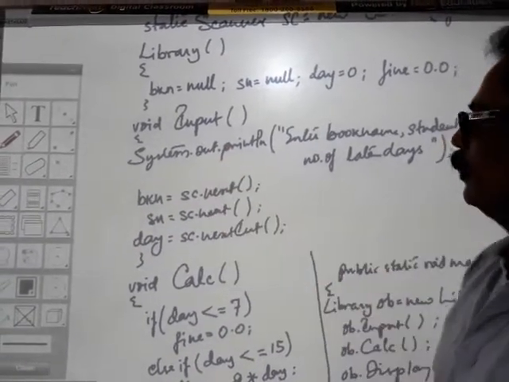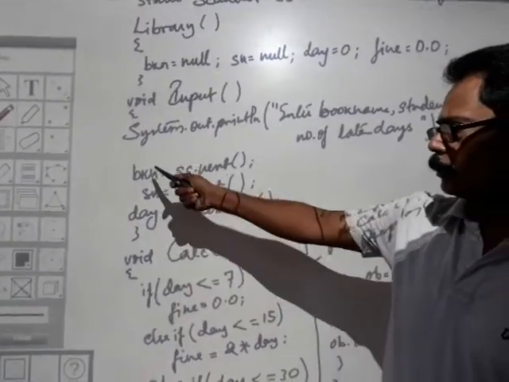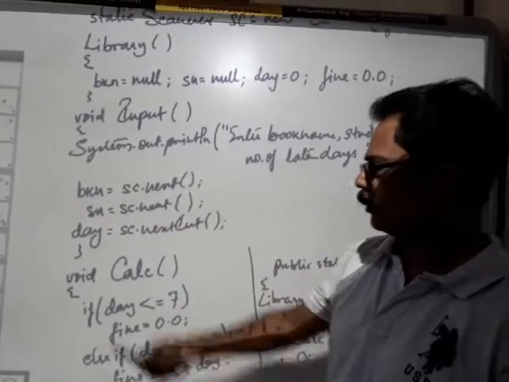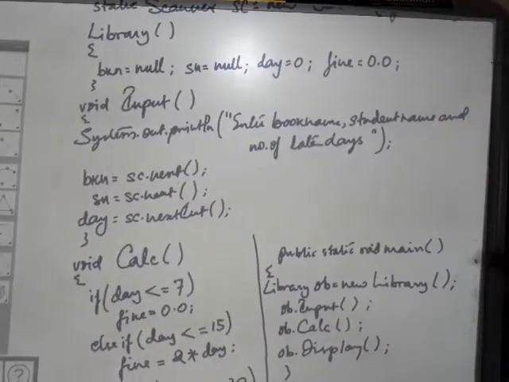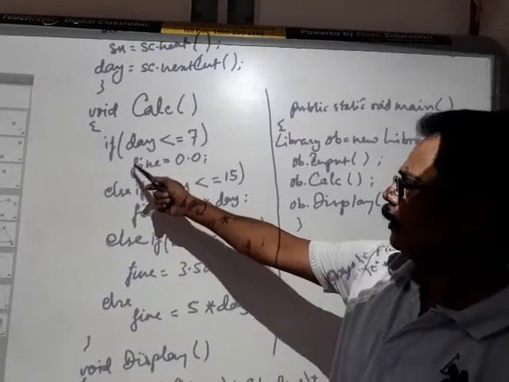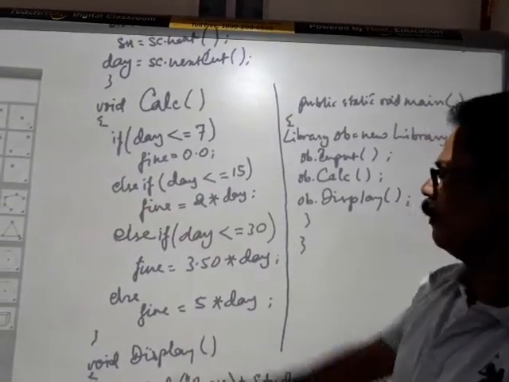Then we have the input function to accept the values of the global data members: book name, sc.next; SN, that is student name, sc.next; and the number of days, sc.nextInt. Then calculate: invoke the calculate function. These are the criteria. If day is less than or equal to 7, then fine is 0.0.